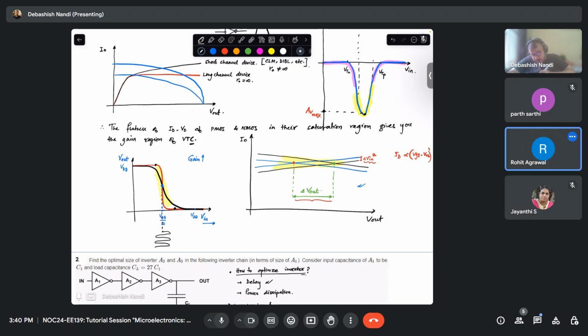Because you have a very narrow room, right? In case of the red plot, the region of the input where you can operate is very narrow. But in case of the black plot, the region becomes very wide. So you can have a trade-off. You see the point?